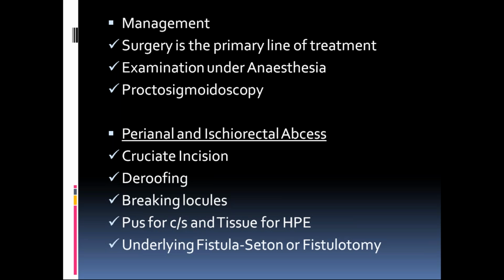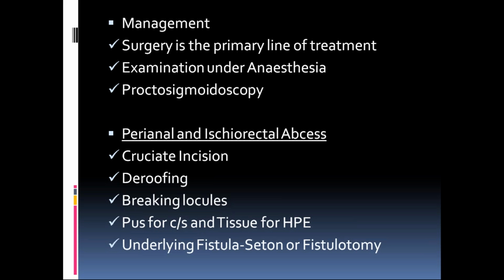If it is a perianal abscess mimicking a boil or folliculitis, you give an incision, remove the pus, and send it for culture and sensitivity, and you will get an organism.